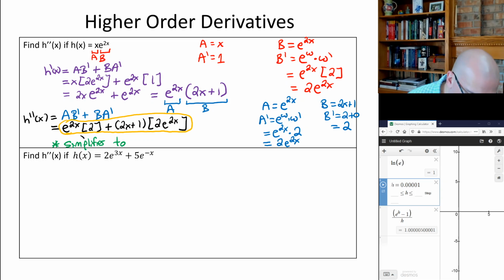So it'll simplify to the following. 2e to the 2x times, hold on, so take that out, I get 1 plus 2x plus 1, so 4.